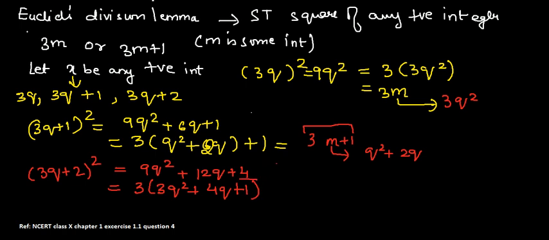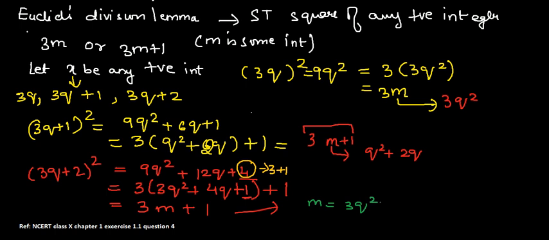Now breaking this 4 into 3 plus 1, when you take out 3 common, you would have 1 inside and 1 comes out there. So this is also of the form 3m plus 1, where m is equal to 3q square plus 4q plus 1.